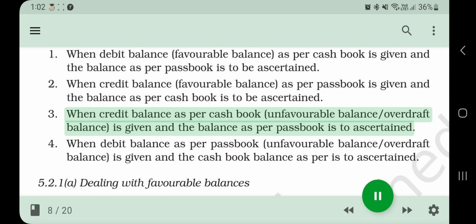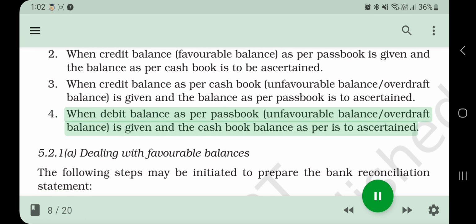When the credit balance as per cash book, unfavorable balance, overdraft balance, is given and the balance as per passbook is to be ascertained. 4. When the debit balance as per passbook, unfavorable balance, overdraft balance, is given and the cash book balance is to be ascertained.